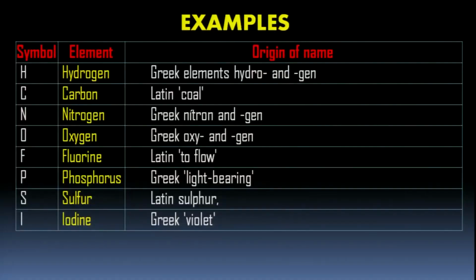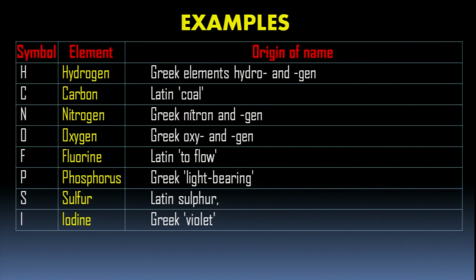Okay, how were these symbols used? See here, children. You have certain elements, certain symbols and the origin of their names on the screen. Hydrogen is from the Greek words hydro and gen, and it is denoted by H. Similarly, C for carbon.